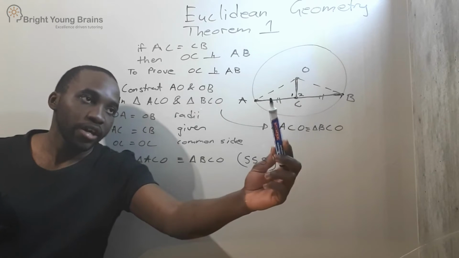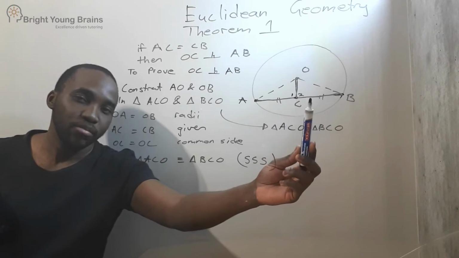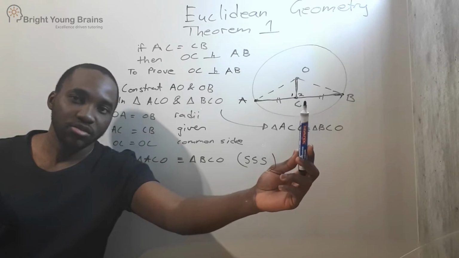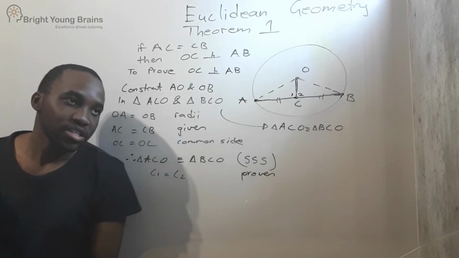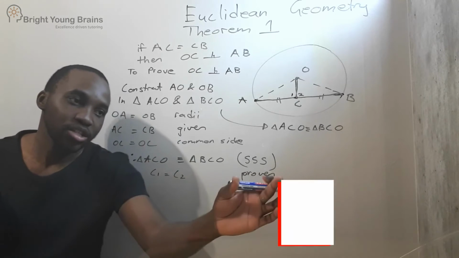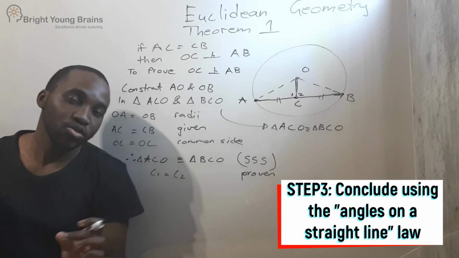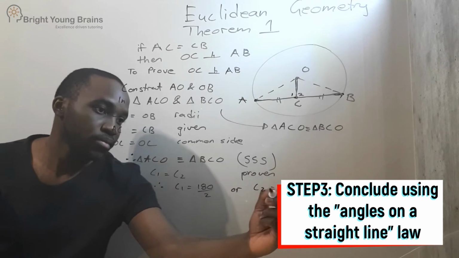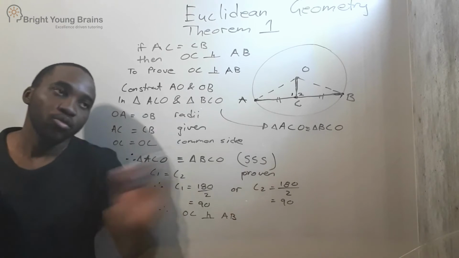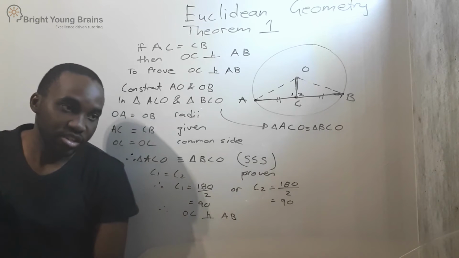Now we know that angles on a straight line always add up to 180 degrees. So in our case, we firstly need to state that C1 is equal to C2 because that's proven when we proved congruency. And then now all we need to lay out is that both sides would be equal to 90 degrees.